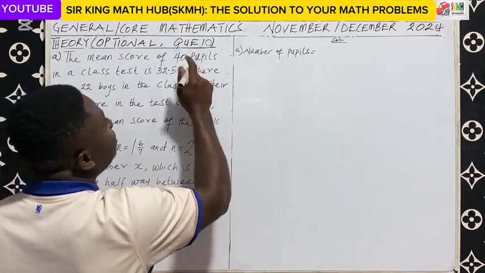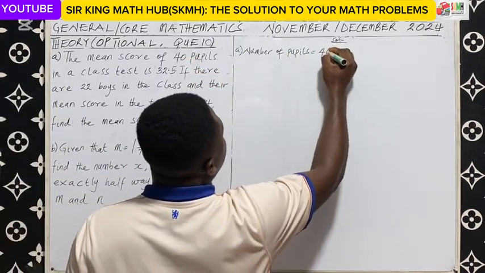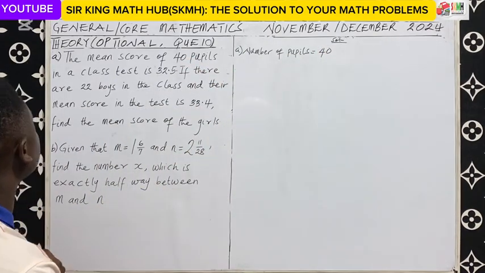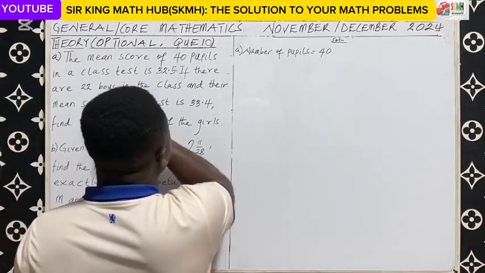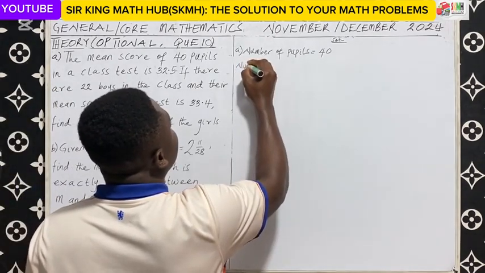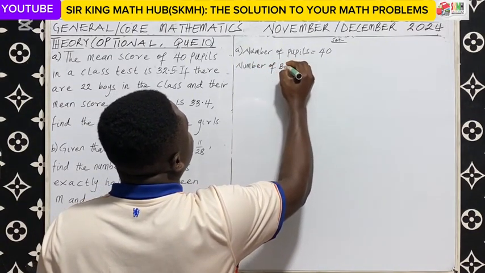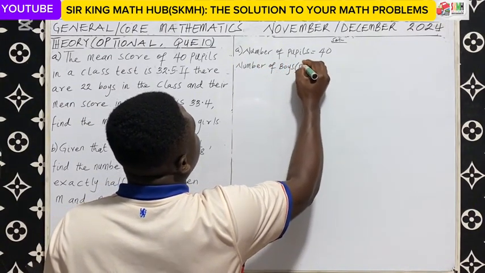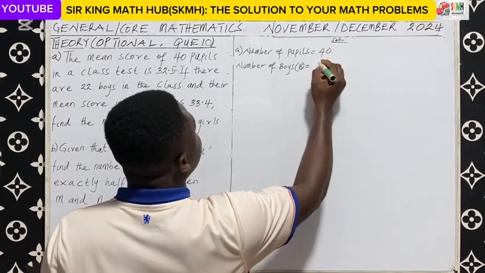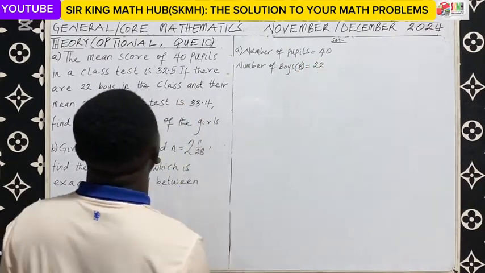The number of pupils in the class is 40. Then can you also determine the number of boys? For the number of boys, I have 22.